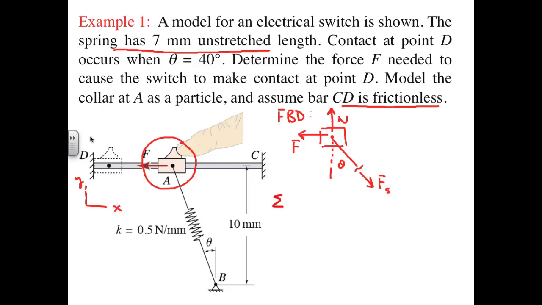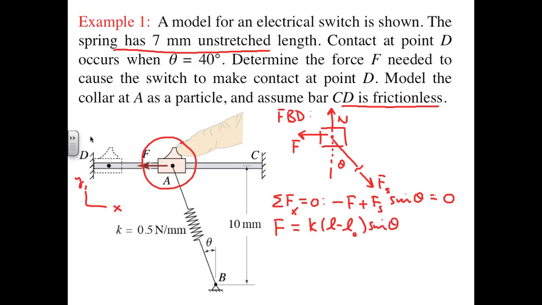We could write our force equilibrium equation in the x direction as minus F plus the spring force sine theta equals 0, and that gives us that F is equal to the spring force, which is K (L minus L0) sine theta.